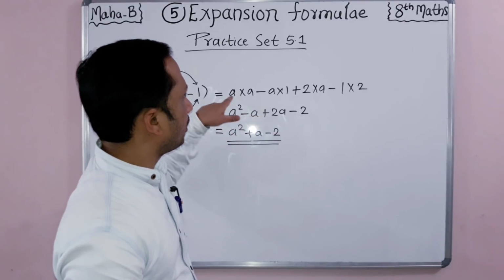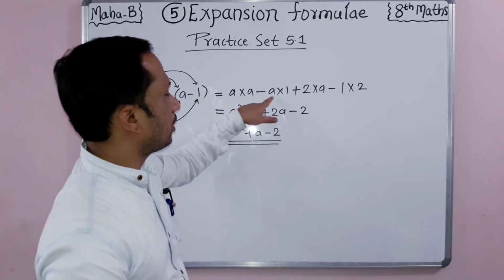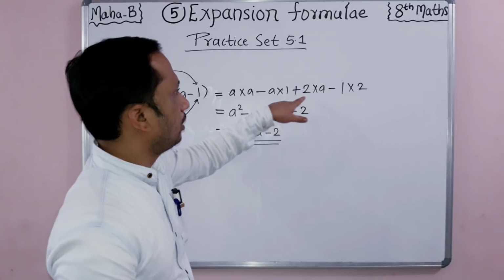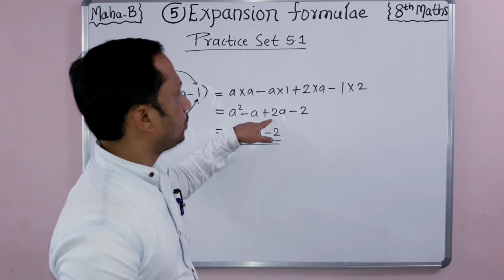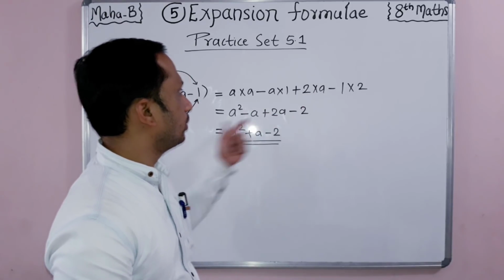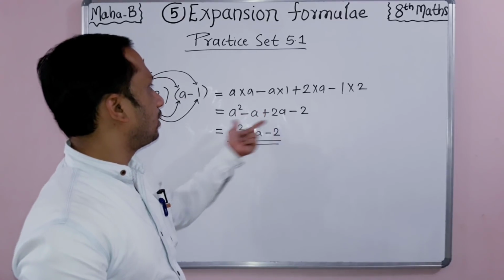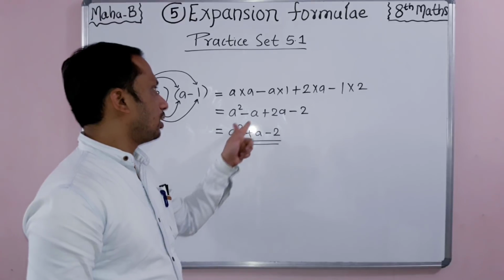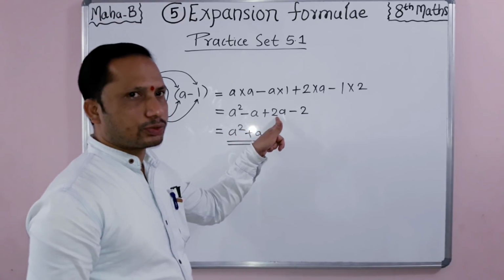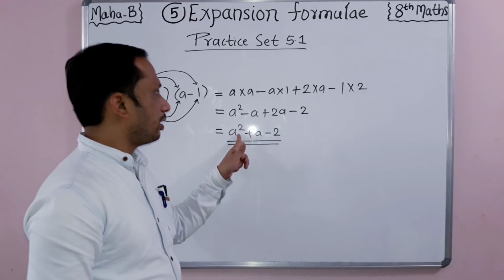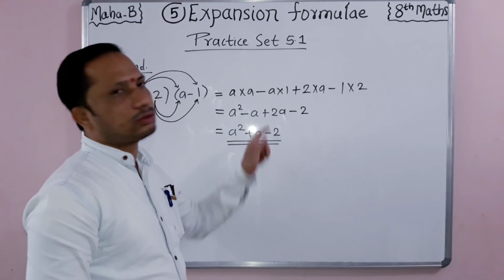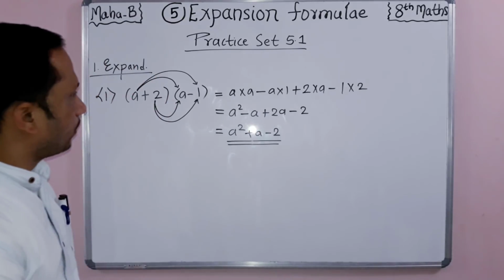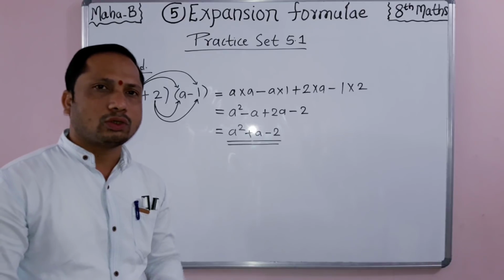So students, a into a square minus a into 1 minus a, plus 2 into a, what's student? 2a minus 2. Okay students, so now this is nothing but the expansion form, okay, then minus a and plus 2 is there, that's why minus a will be minus 1 plus 2a, and we'll get a square plus a minus 2. Okay students, so this is the first example, and now we are going to solve the second example of this practice set 5.1.